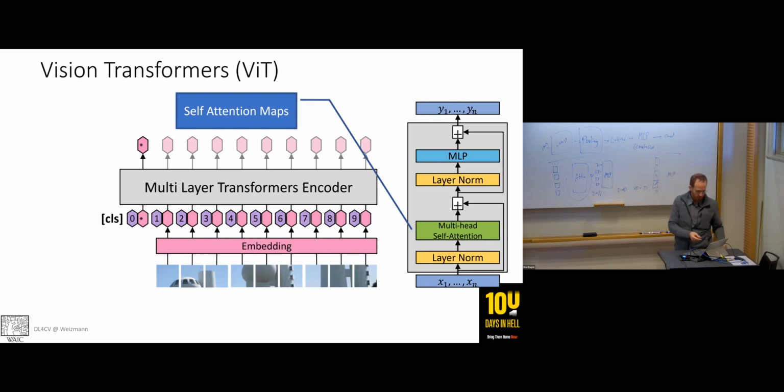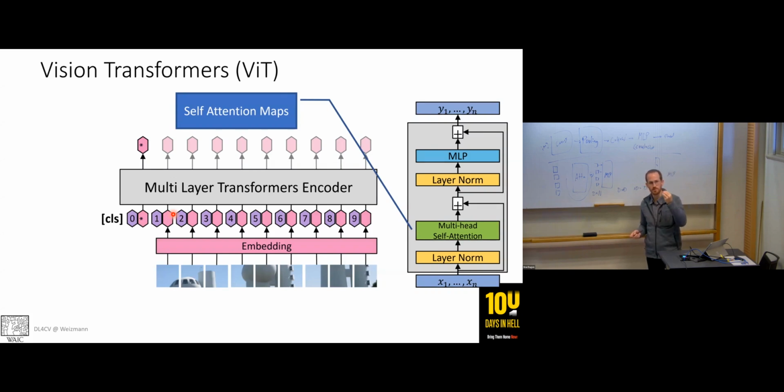So far, we talked about the tokens that correspond to actual image patches, but we have this special global token, the class token, that actually asks the question, what's in the image? How does this token look? So we can look at the attention maps of this class token to the entire image.